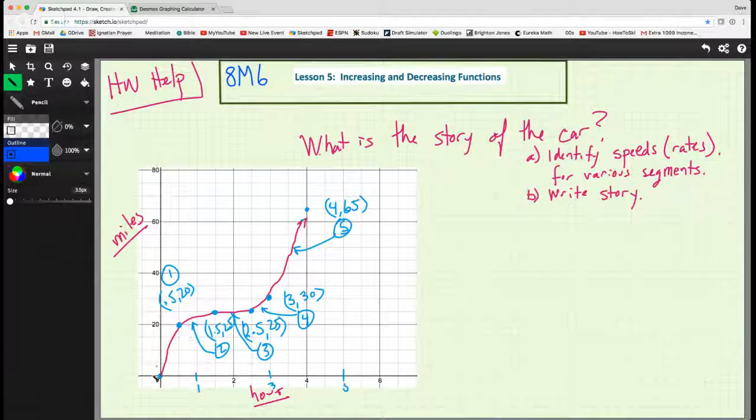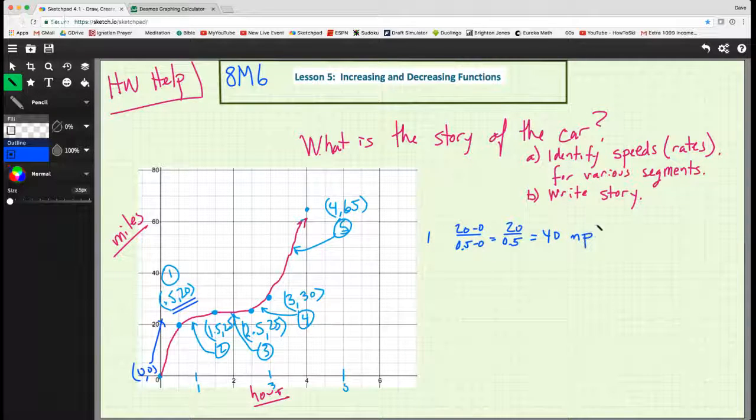Okay. So we started at 0, 0. So in here, we're finding the slope between here and here. What is our average slope? So in section 1, it's 20 minus 0 over 0.5 minus 0, which is equal to 20 over 0.5, which is equal to 40, for those of you who use a calculator. And our units are miles per hour.